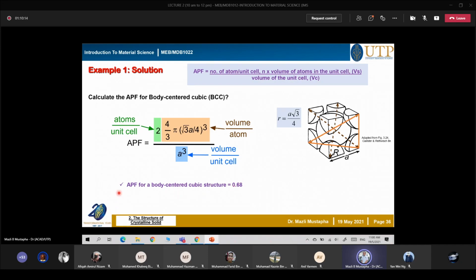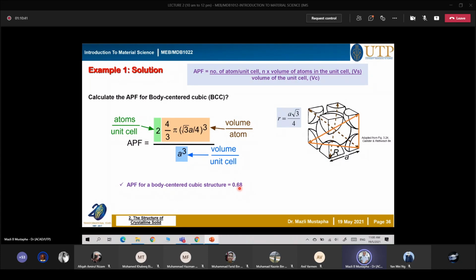For simple cubic just now we found 0.52. For body center cubic we have 0.68. So the larger the value of the APF, the more dense it becomes. The density is higher. Why do we need the dense sample? For us to fabricate an engineering component, we need the most dense structure.